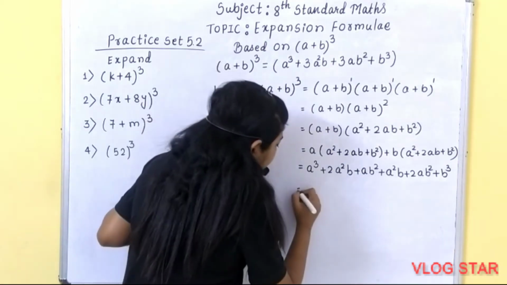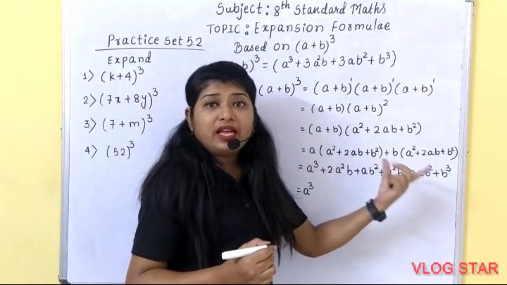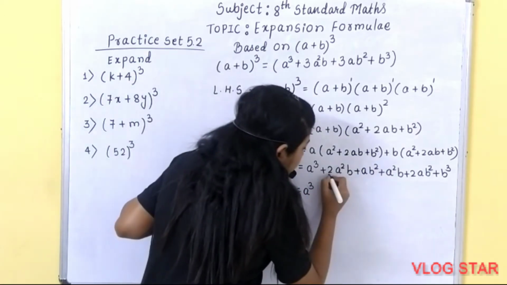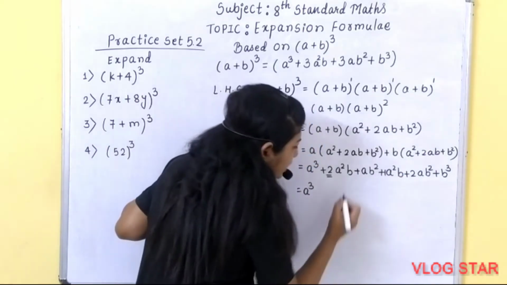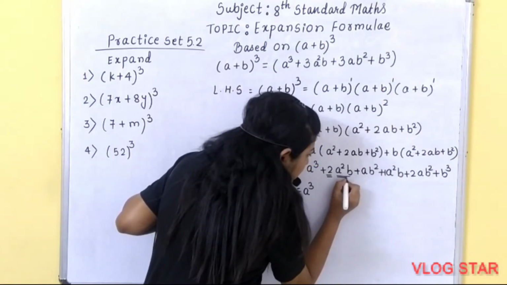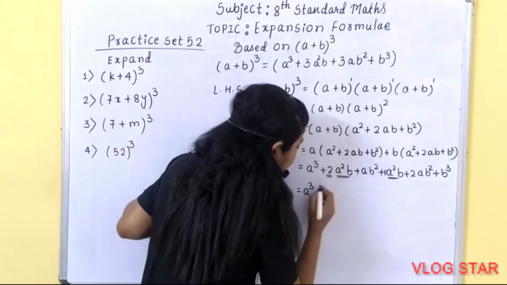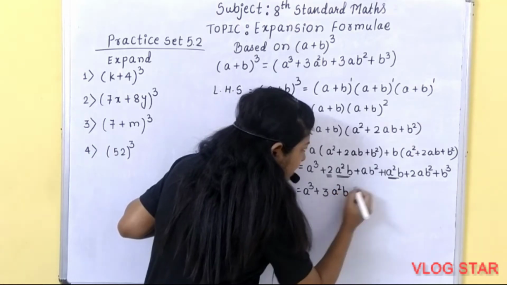The next step is to identify the like terms and then perform the addition. Here the coefficient is 2, here the coefficient is 1. These two are like terms, a square b, so 2 plus 1 is 3a square b.